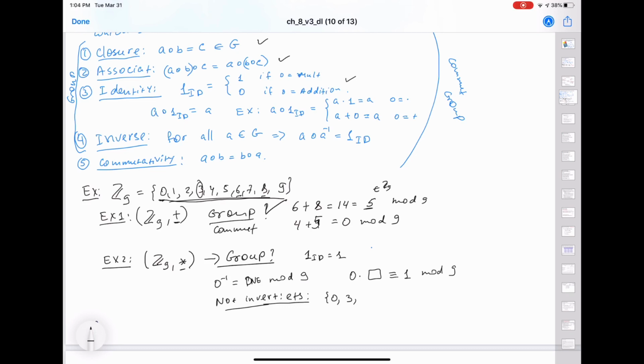Actually, sorry, I made a mistake over here. We have to eliminate 9. It has to go from 0 to 8. So 6 is also not invertible in this condition. So it is not a group.